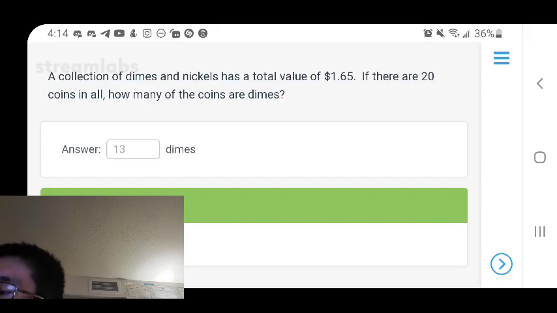Yeah, I got 10d plus 5n because a dime is 10 cents, a nickel is 5 cents. And I just divide by 5. Get 2d plus n equals 0.33. Okay, yeah, just follow the equation, based on the problem, I guess. Okay, that's why.